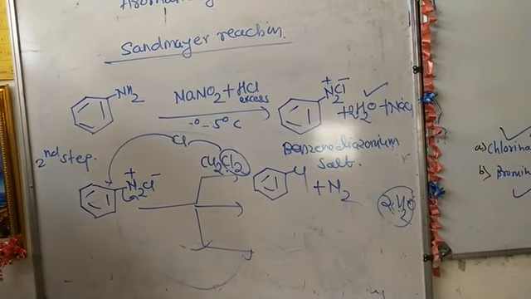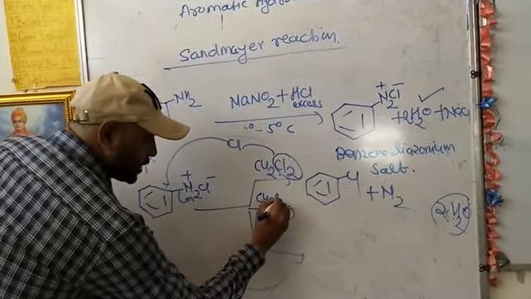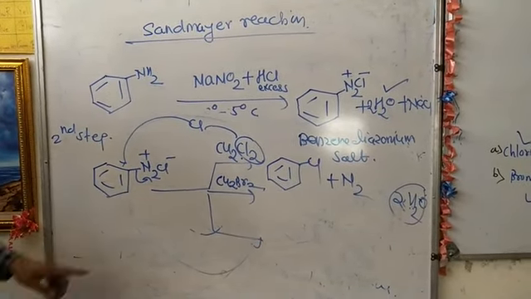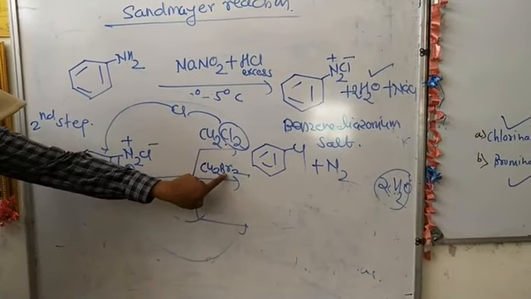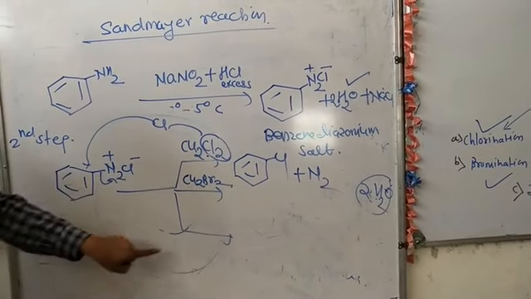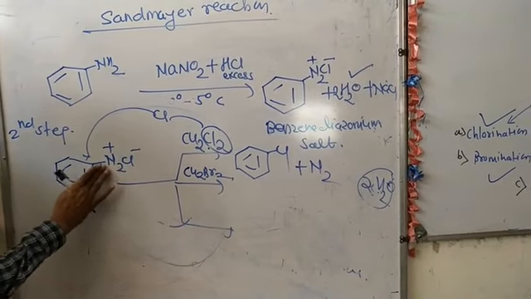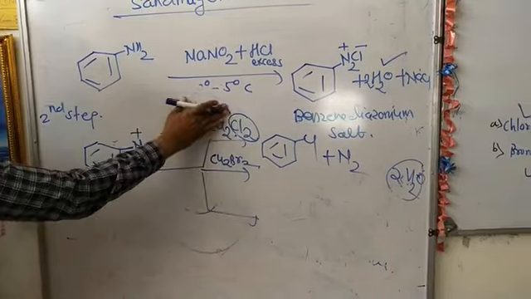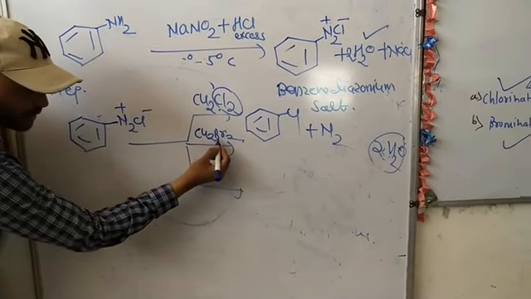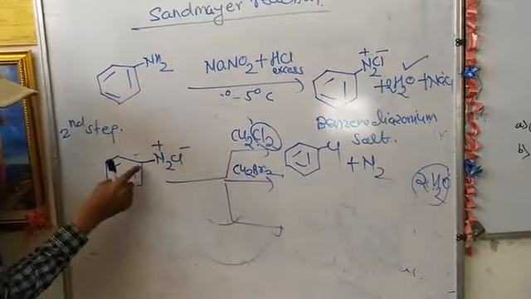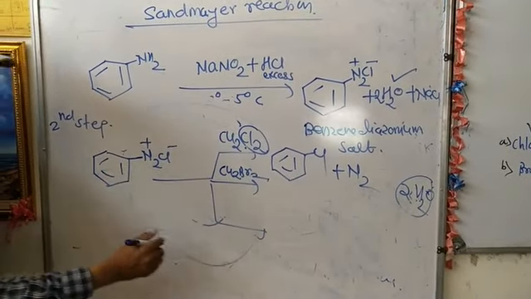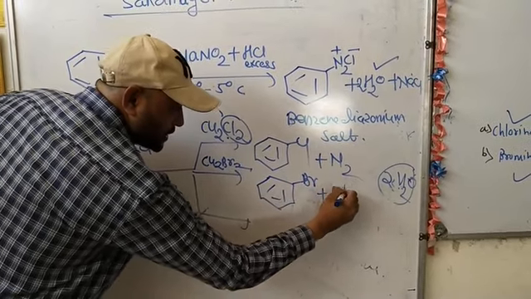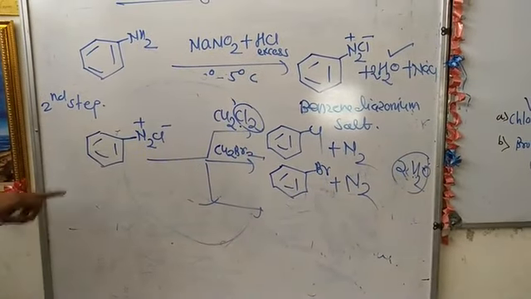Or if you use Cu2Br2 in the second step, one of the bromines replaces this N2 from the benzene diazonium salt, forming bromobenzene and nitrogen.